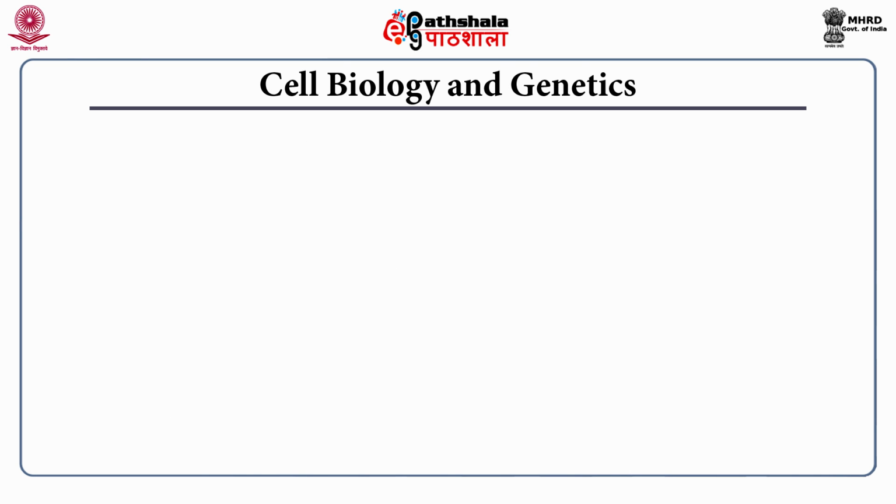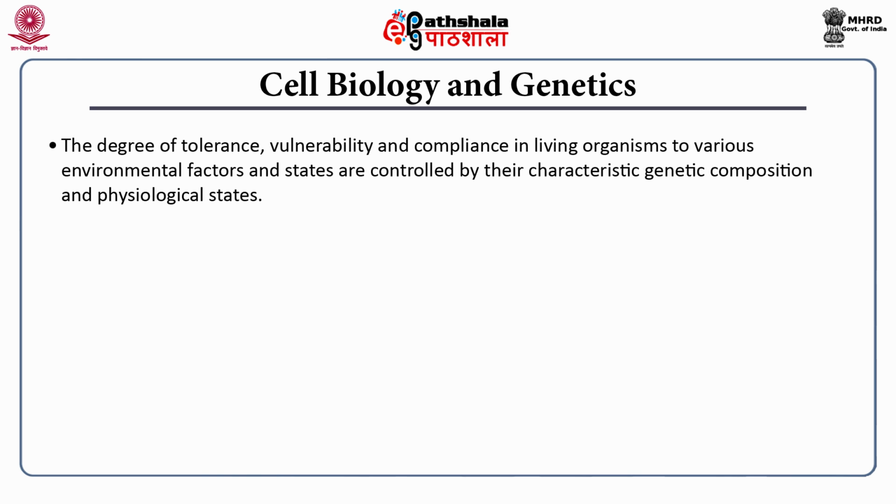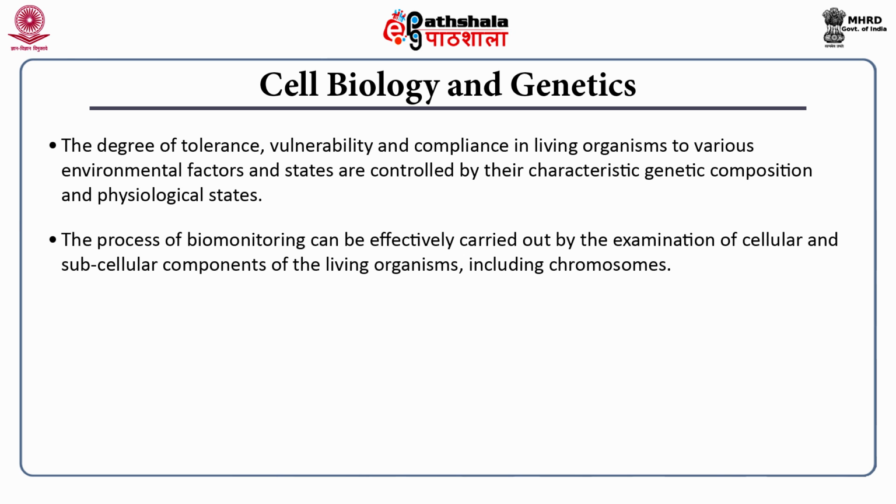Cell biology and genetics. The degree of tolerance, vulnerability and compliance in living organisms to various environmental factors and states are controlled by their characteristics, genetic composition and physiological states. The process of biomonitoring can also be effectively carried out by the examination of cellular and subcellular components of the living systems, including chromosomes.